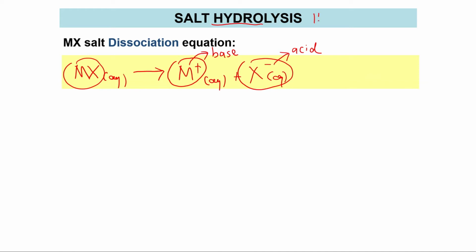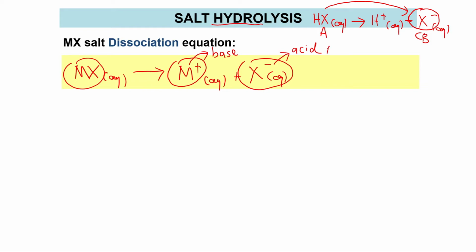For example, we have HX acid dissociate completely forming H plus because it is an acid, so it's going to donate its proton, also leaving X minus. Since this is an acid, this is its conjugate base and it is an anion. An anion comes from an acid. So as I said earlier, the anion of a salt always comes from the acid. Meanwhile, the cation of a salt always comes from a base.